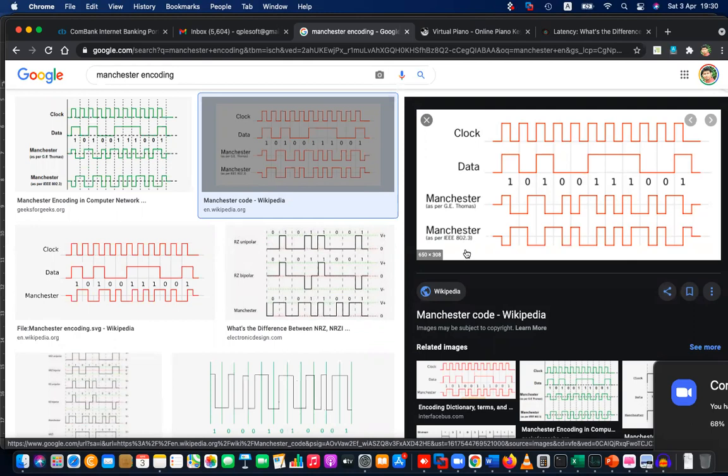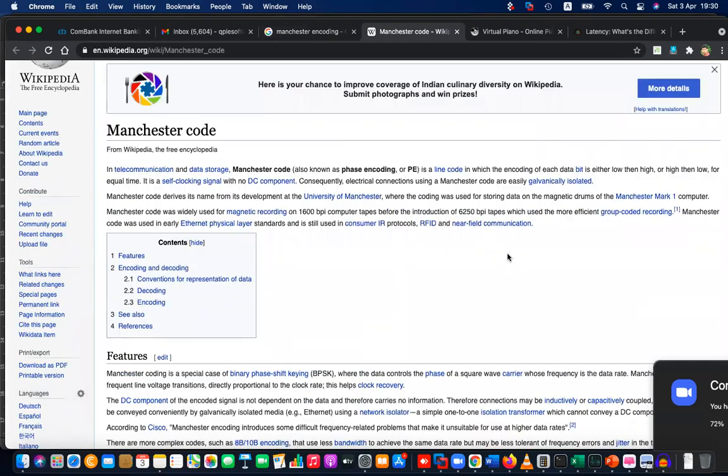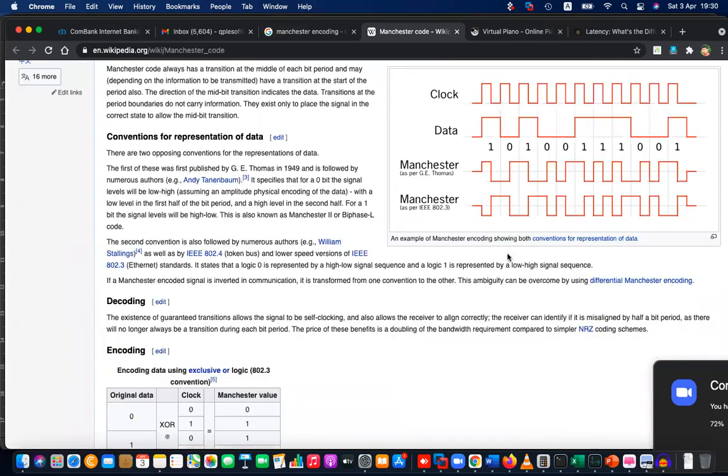One is IEEE Manchester encoding. As per G.E. Thomas, there's another way of representing Manchester code, right? In the Manchester encoding, when you see 1 in data, it will be treated as a rising edge. Here the signal is going up.